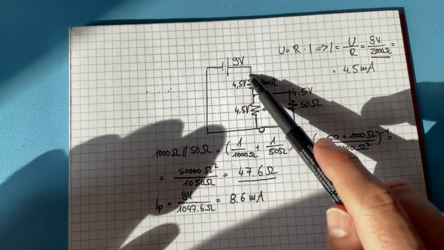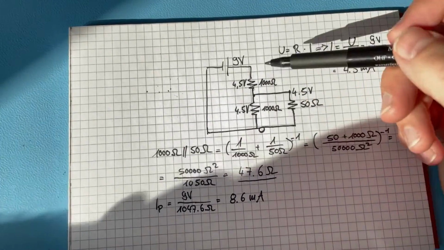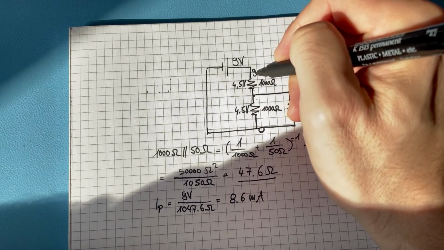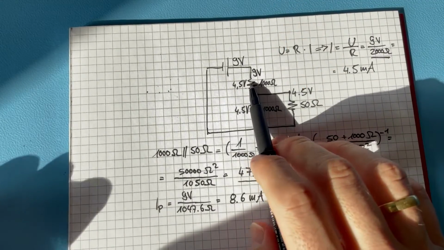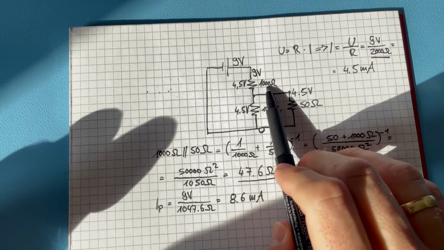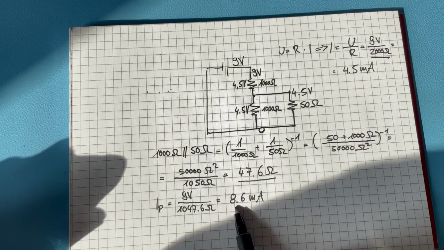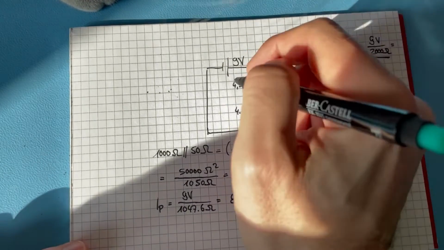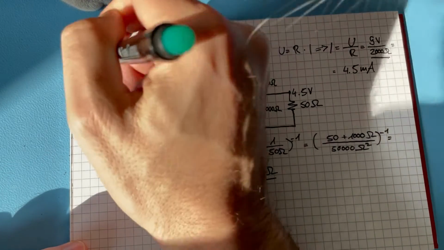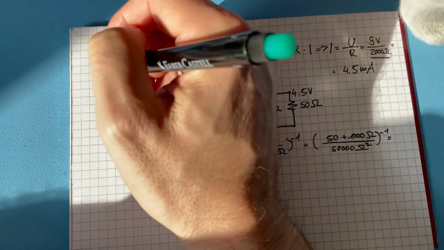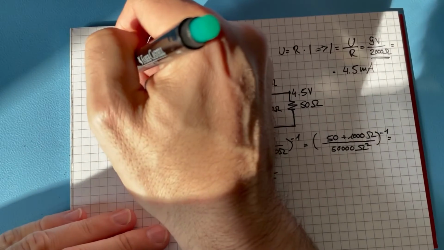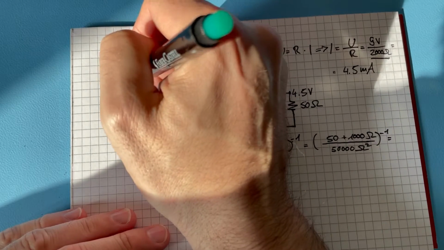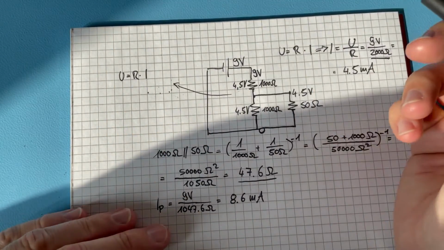And if we look then, what we have clearly is 9 volt before the first resistor. And let's imagine the situation, okay, through this 1K resistor there are going 8.6 milliampere. What voltage is dropped across this resistor? And we calculate this by using a formula. Voltage equals resistance times current.